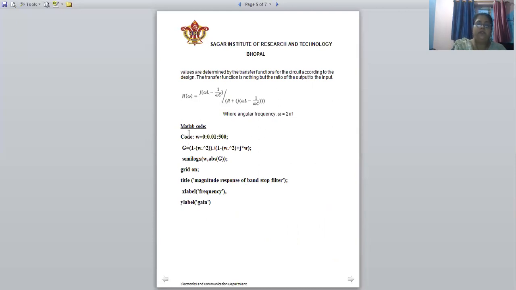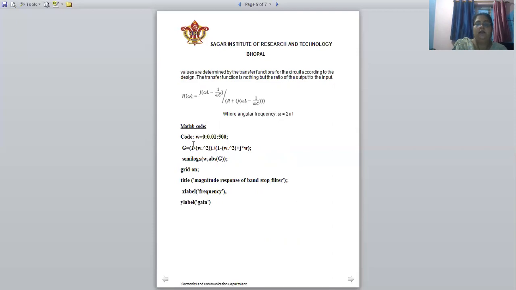Here we are going to discuss the MATLAB code in which we have taken omega, the angular frequency, on the x-axis, which starts from 0 with an interval of 0.01 to 500. Here we have defined the gain. This is the gain which we have discussed earlier. To plot the magnitude gain response of the filter, we use the command semilogx.